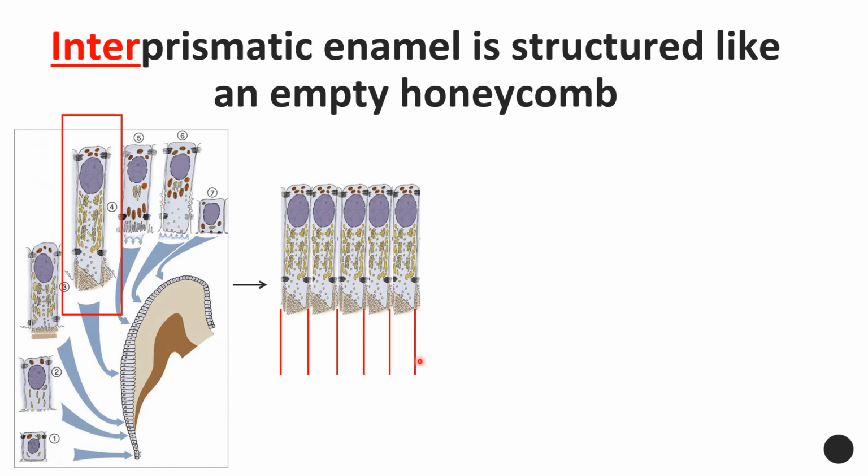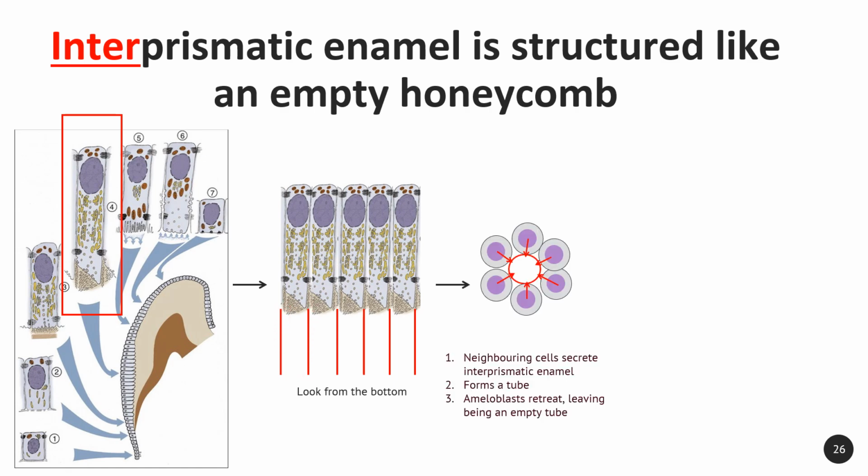And the red represents the precursor protein secreted interprismatically to start with, so in between here, which, if you kind of imagine a whole layer of ameloblasts, means that next door ameloblasts, now looking from above, so this is the cell nuclei and this would be the cell body, these enamel bits that are secreted contribute to making it a kind of wall, like a tube of enamel between neighbouring cells. Hopefully this will look more familiar when we look under the microscope.